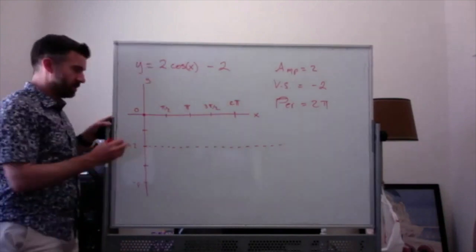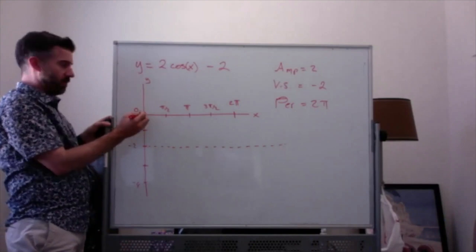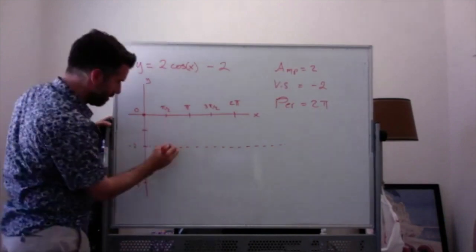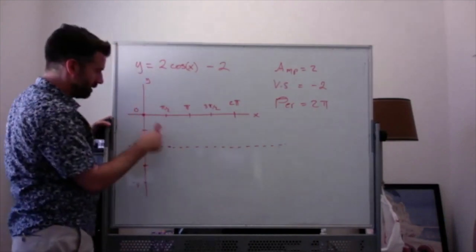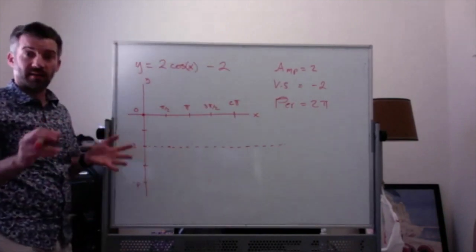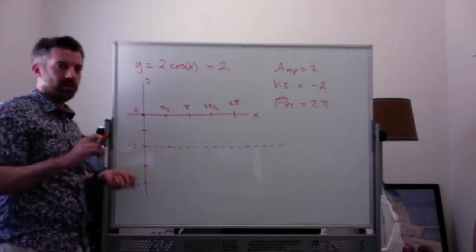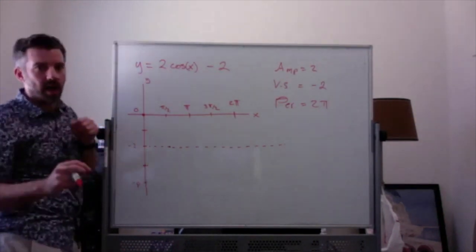And then cosine starts high. If you're high, the only place you can go is to the middle, right? And then if you went to the middle, then you have to go low. It's always this kind of back and forth. High, middle, low, middle, high, middle, low.